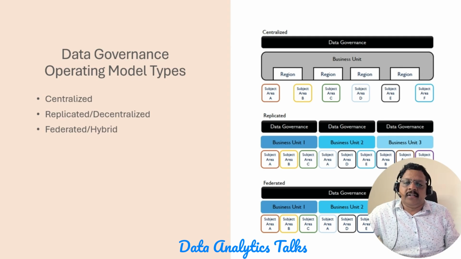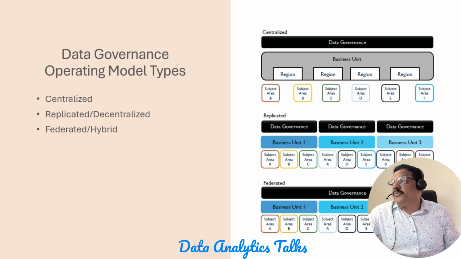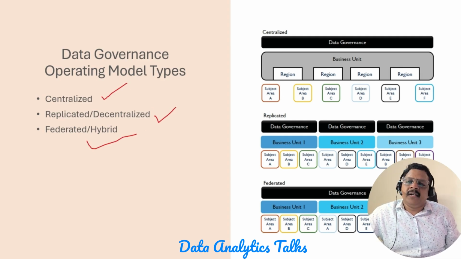Another key concept in data governance is the data governance operating model. There are three types of operating model: centralized, replicated or decentralized, and federated or hybrid. In a centralized model, one data governance organization oversees all activities in all subject areas.